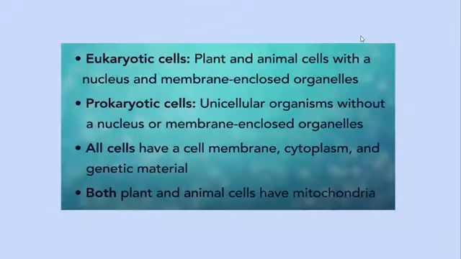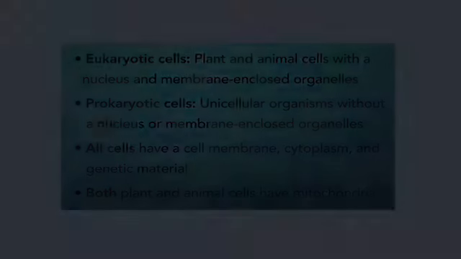So this is just to sum up: eukaryotic cells, plant and animal cells, have a nucleus and membrane-enclosed organelles. Prokaryotic cells are unicellular organisms without a nucleus or membrane-enclosed organelles. All the cells have a cell membrane, cytoplasm and genetic material DNA, and both plant and animal cells have mitochondria.